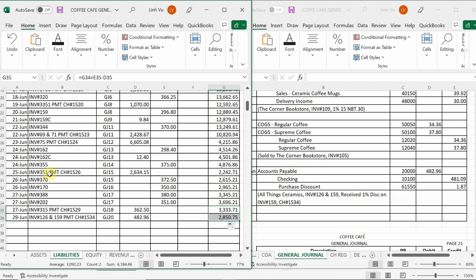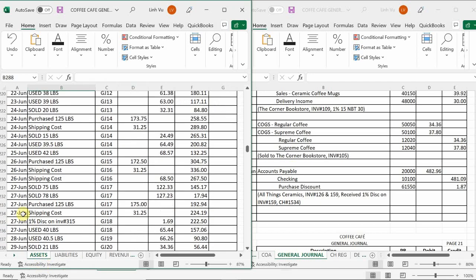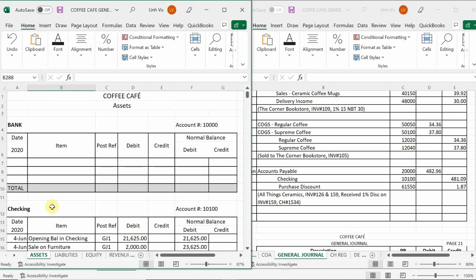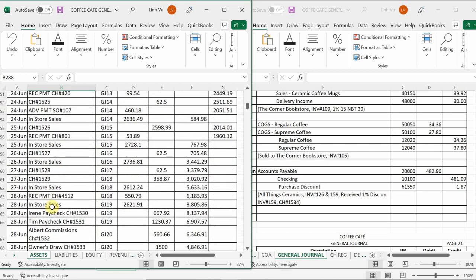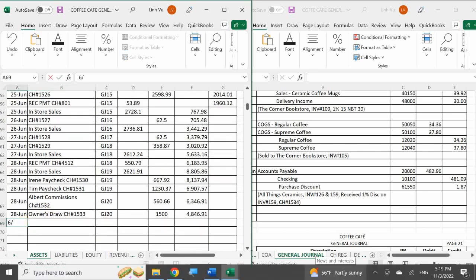All right, next is we wrote a check to pay for invoice number 126 and 159. Okay, so again, here we are checking 629.